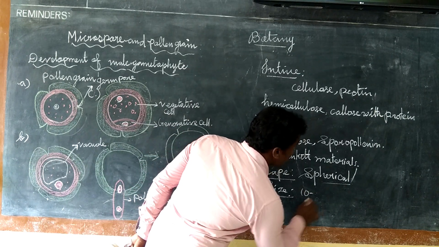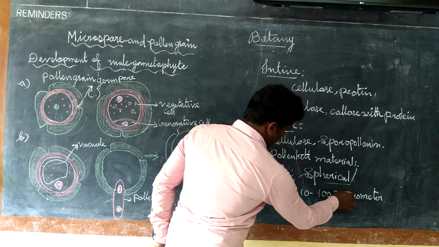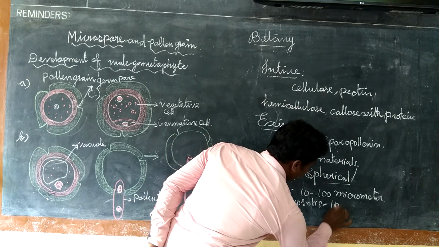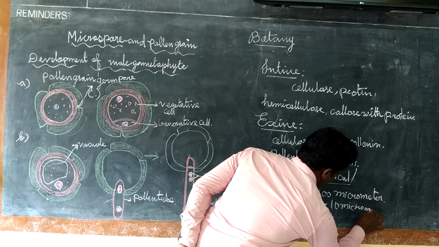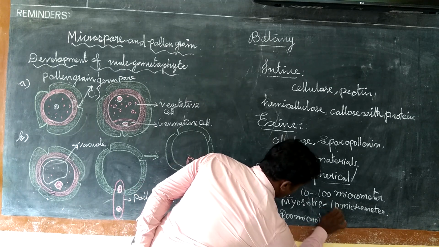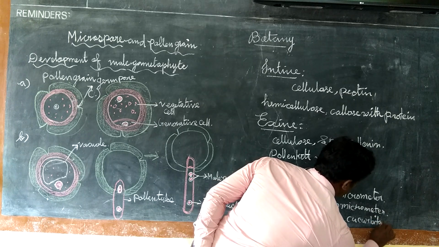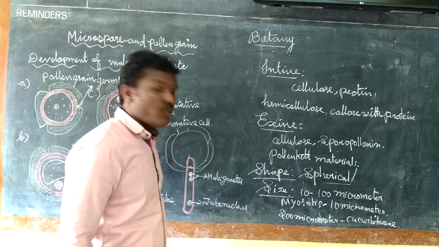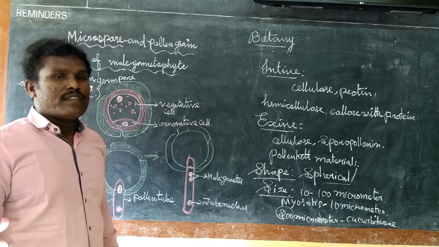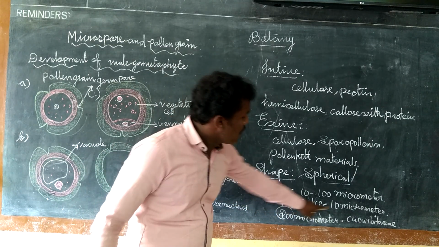The size of the pollen grain varies from 10 to 100 micrometer, and in Myosotis it is 10 micrometer. Up to 200 micrometer is noticed in the Cucurbitaceae family, and in Nyctaginaceae, the four-o'clock family. That family also has pollen grains of 200 micrometer thickness. This is regarding the size of the pollen grain. It may be asked: what is the size of Myosotis pollen? 10 micrometer.